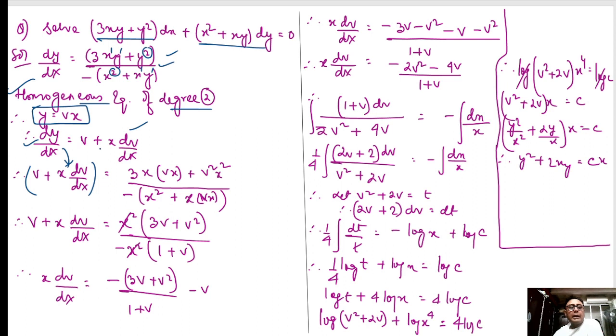Okay, so from here we will now, in this y, we will put vx. This will become v square x square, and this will become vx.